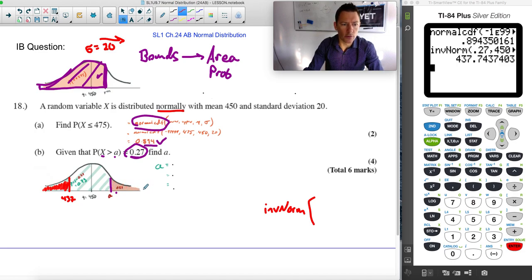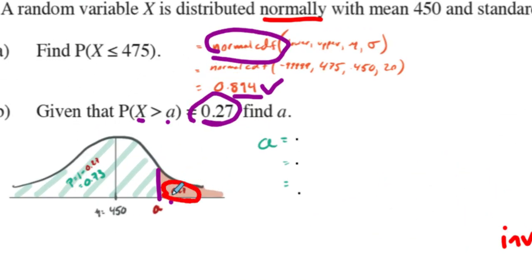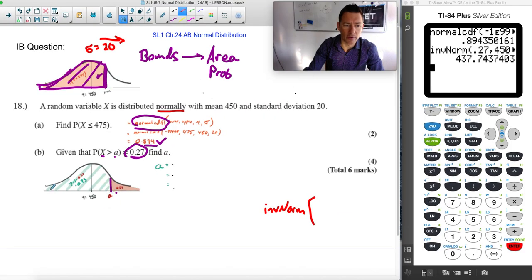We want the probability that x is bigger than A, so bigger over here, to be 0.27. So what we can do is work it backwards and say, okay, if this is 0.27 on the upper side of A, then all the stuff on the lower side of A is going to be 100% minus 0.27, right? So 0.73. So we're asking it for this area, which leaves 0.27 like we are interested in.